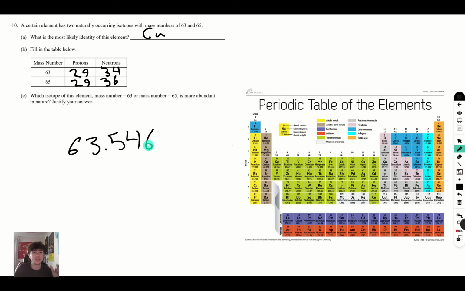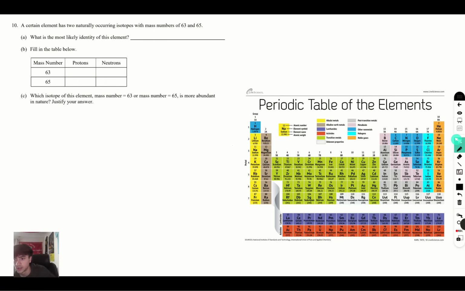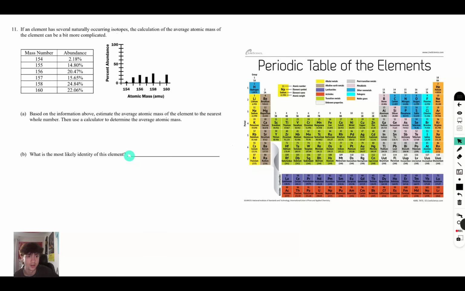It's in between 63 and 65, but as we can see, it is a lot closer to 63 than it is to 65, because in the middle of 63 and 65 we have 64. 64 would be smack in the middle, and 63.546 is going to be less than 64, so therefore it is going to be closer to 63, and therefore 63 is more abundant in nature.